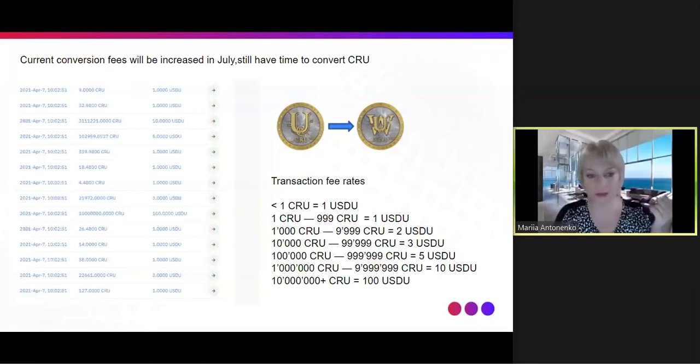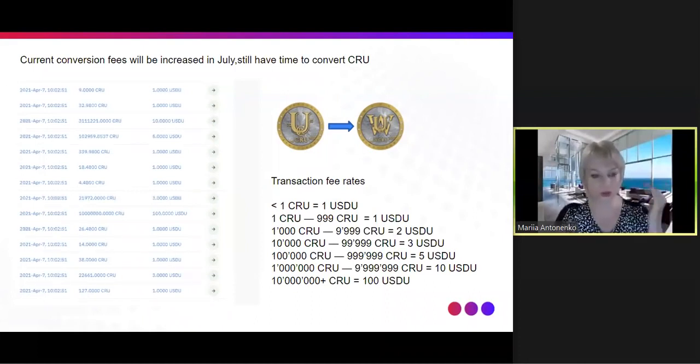If you clicked convert and didn't pay, and then the commission goes up. For example, let's assume on the 1st of July, the commission increases and you haven't paid using the old tariffs.